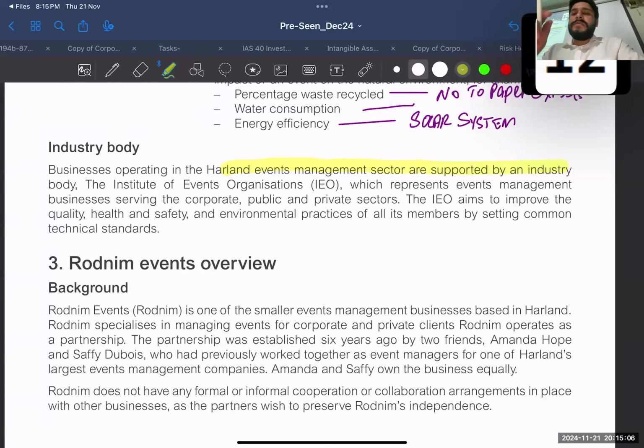It says the Institute of Event Organizations, which represents event management businesses serving corporate, public, and private sector clients. The Institute of Event Organizations aims to improve the quality, health services, and environmental practices.